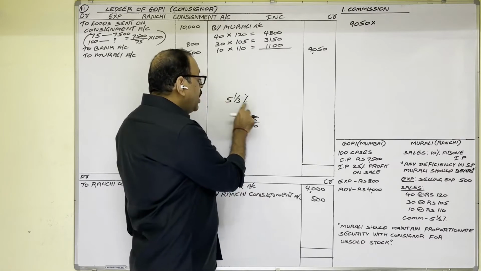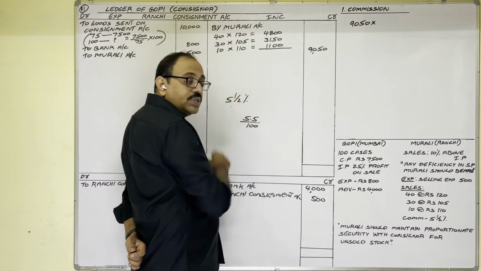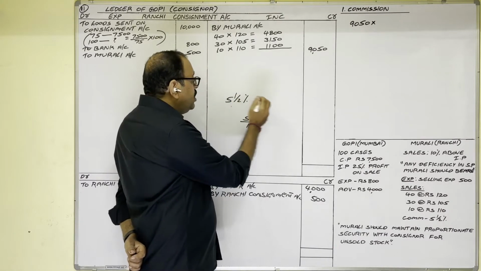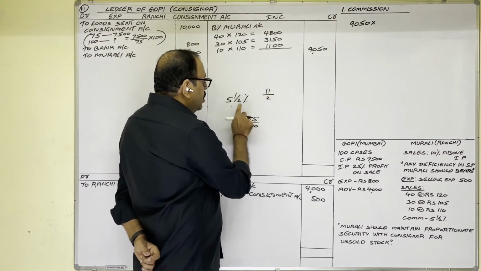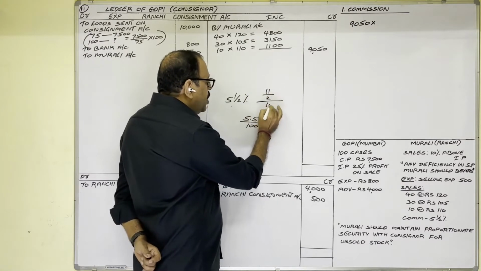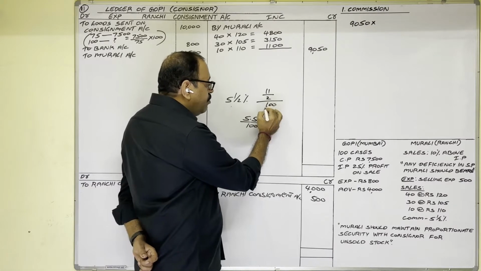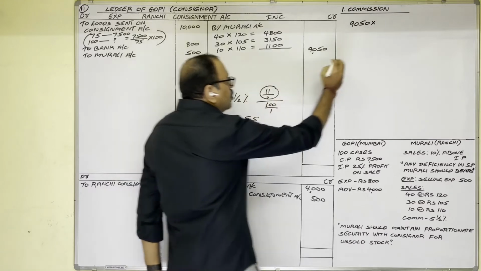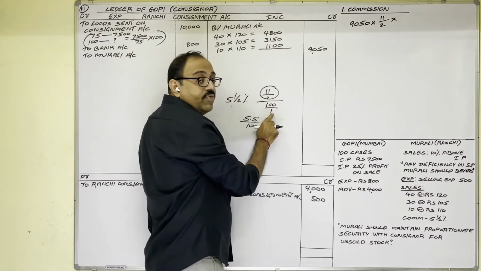Therefore, you should know the actual procedure of doing this. 5 and 1 by 2 percent: 5 2s are 10, 10 plus 1, 11, so 11 by 2. Percent means divided by 100, meaning divided by 100 by 1. So 11 by 2 I am taking here into 100 by 1.